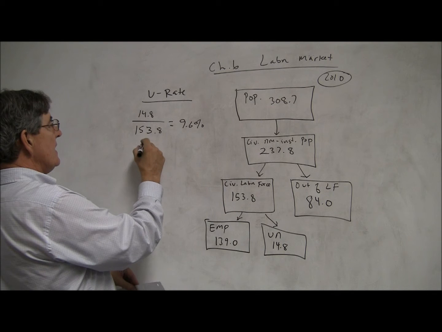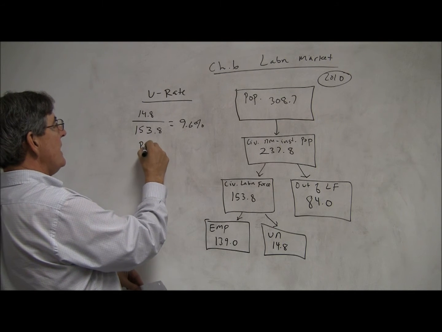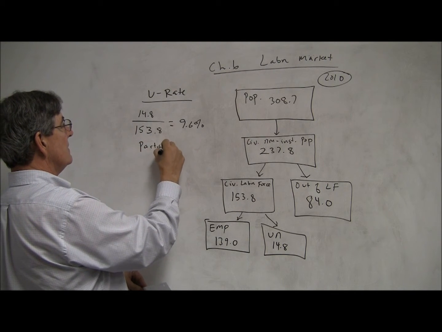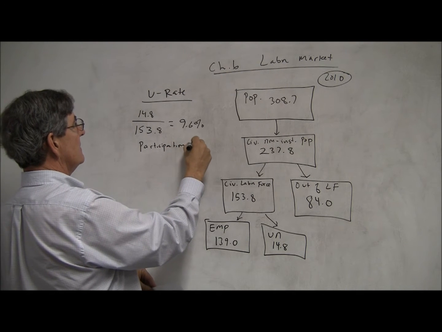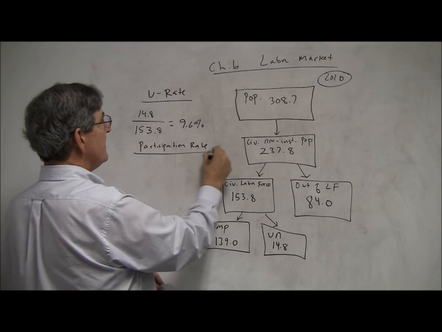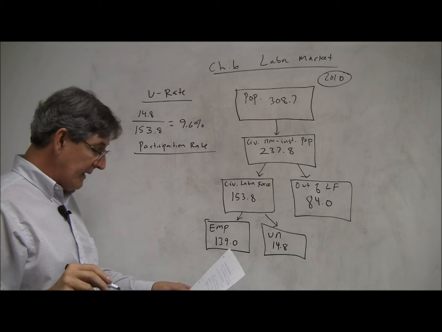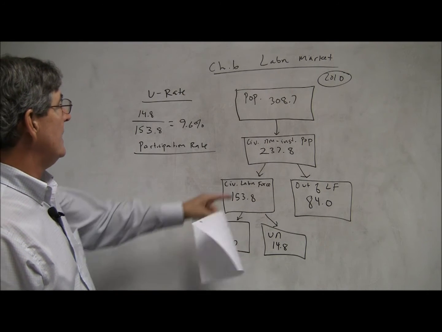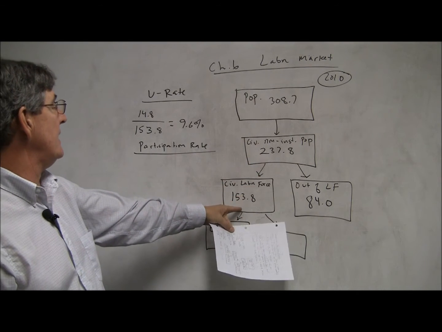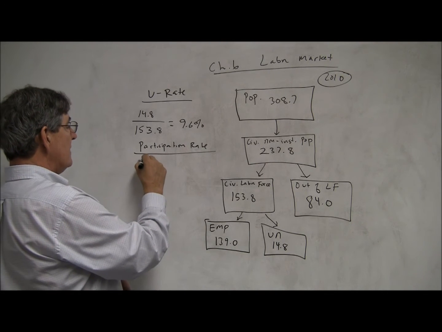You often see something else called the participation rate. And that's defined as just the number of people in the labor force in the population that are participating in the labor market.